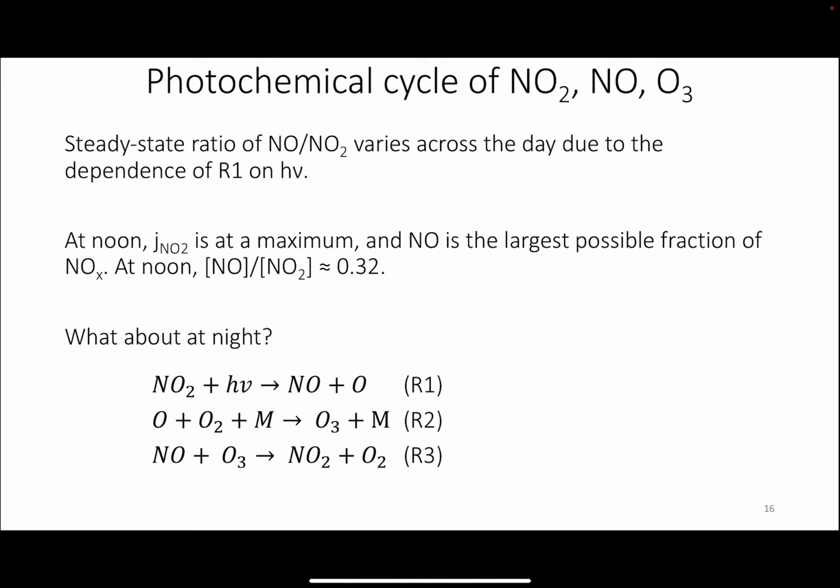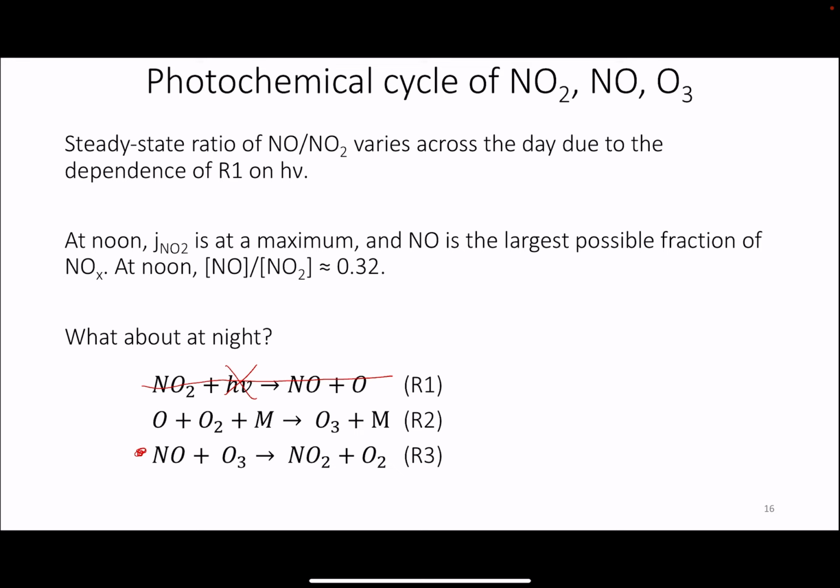So if you think about NOx at night, it's a little bit different, right? Because there's no light at night, which means this reaction can't happen, which means that you essentially have this reaction happening a lot. So any NO that's emitted becomes NO2, but then the rest of the cycle has broken down.